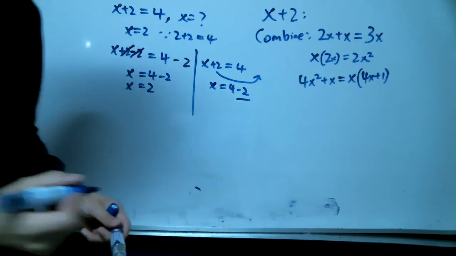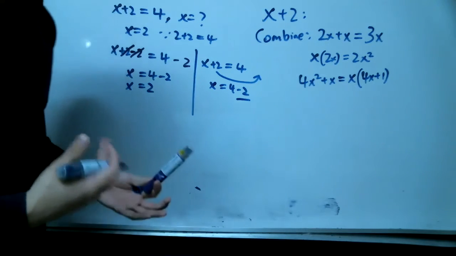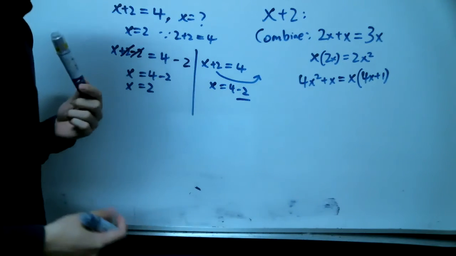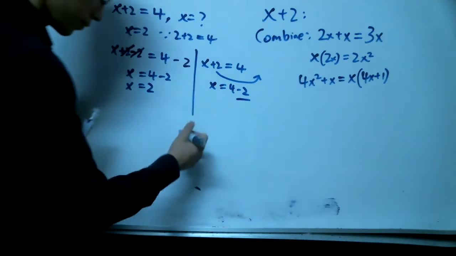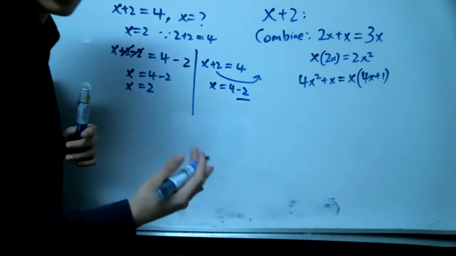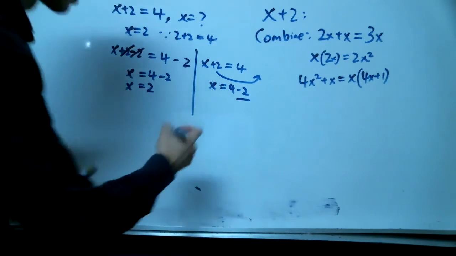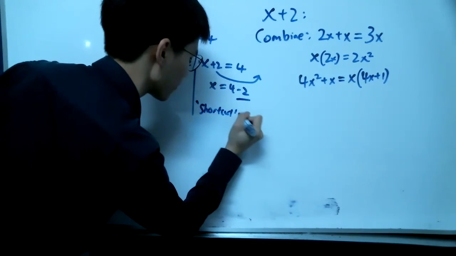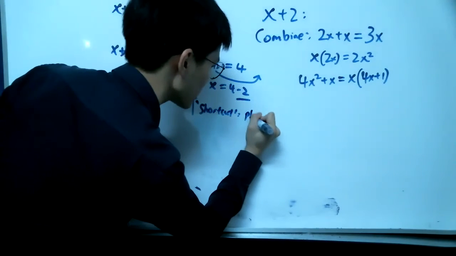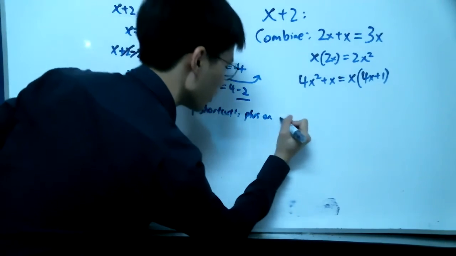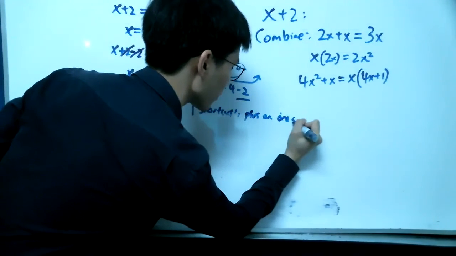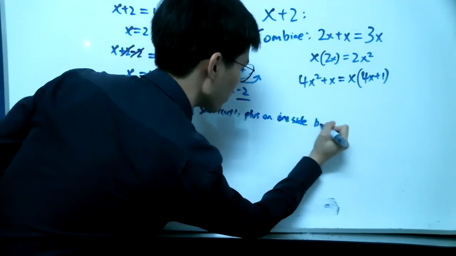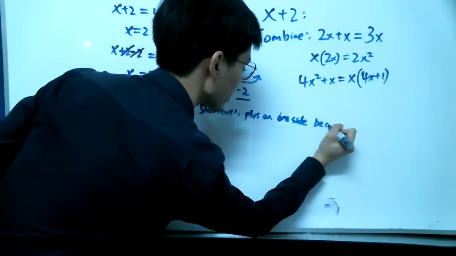So the shortcut method can be to think of it as a plus becoming a minus on the opposite side. Let's just write that down. The shortcut where a plus on one side becomes minus on the other side.